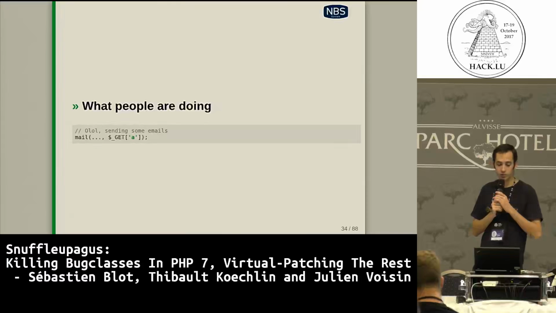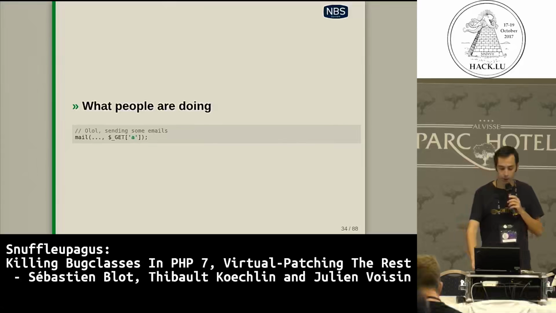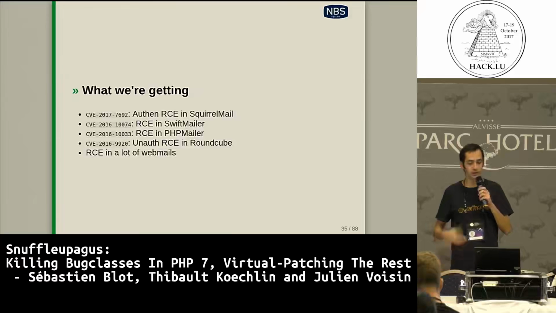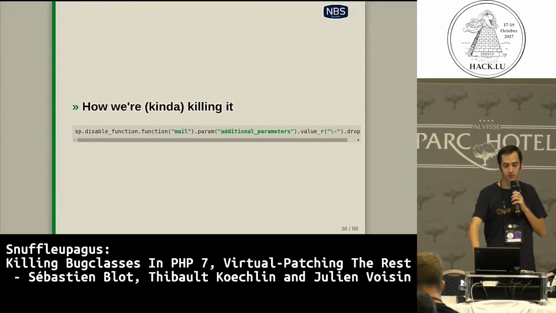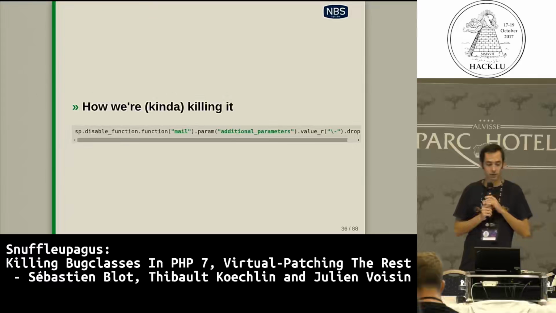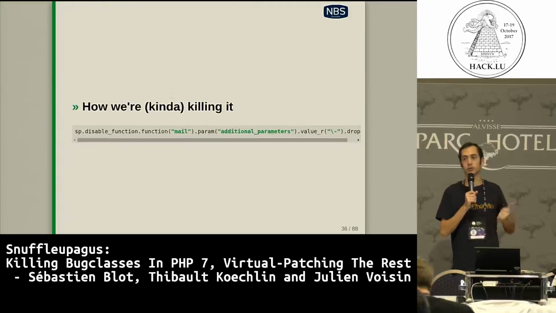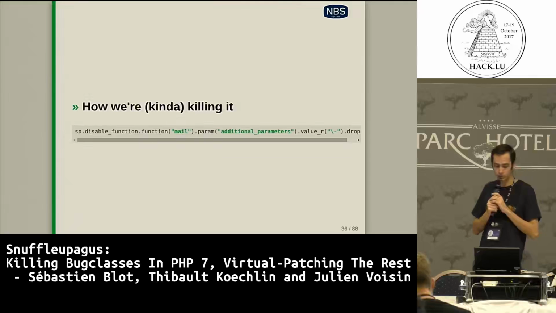And so people are usually letting arbitrary user data get into this parameter, which in turn, depending on which mail client is installed on the machine, allows the attacker to get remote code execution by giving additional flags. How we can limit the impact is simply by putting some extra filters on this parameter in order to be sure that the user cannot supply optional flags that can lead to remote code execution.